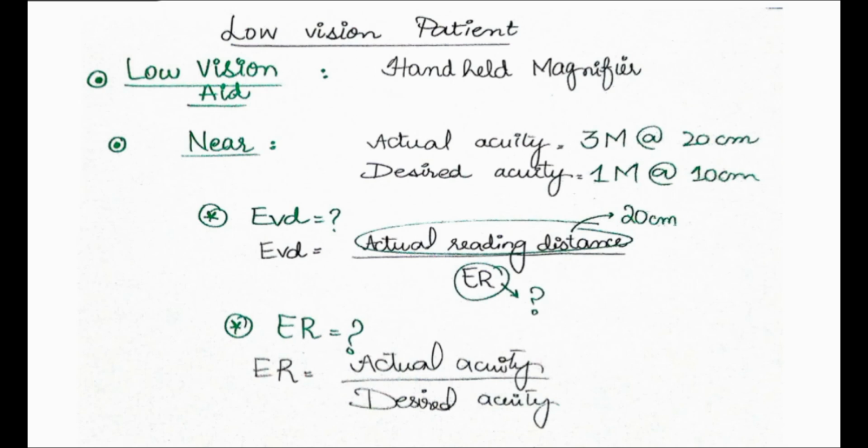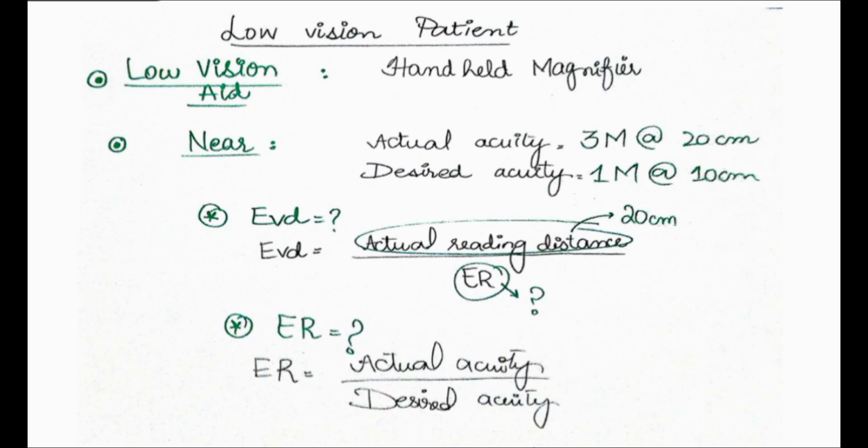So that is the actual reading distance you have recorded from the patient's near acuity test, and it is divided by the enlargement ratio. The enlargement ratio is a parameter which tells you how much enlargement of an image or object should be gained. Over here the enlargement ratio is missing, but we have the actual reading distance, which is 20 centimeters.